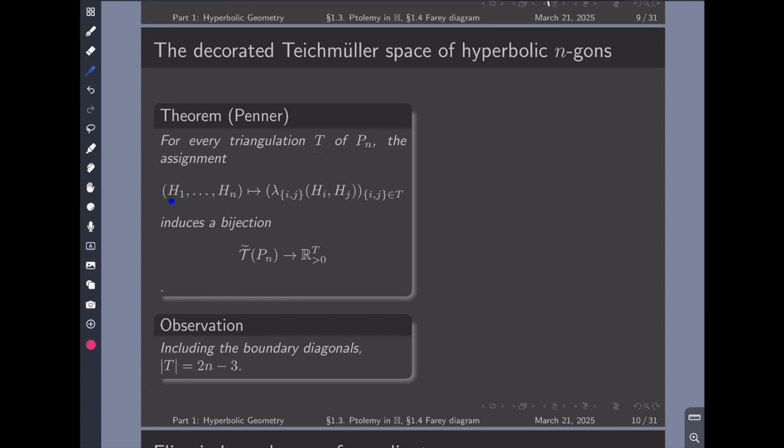You pick a combinatorial triangulation, and then with that triangulation, for any point in the decorated Teichmüller space, you induce a triangulation by geodesics, and then you take the lambda lengths of the geodesics with respect to the horocycles, and this gives a parametrization of decorated Teichmüller space.